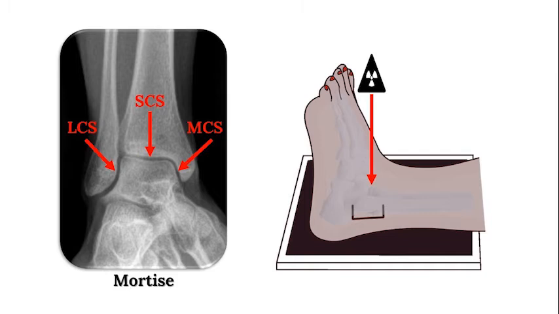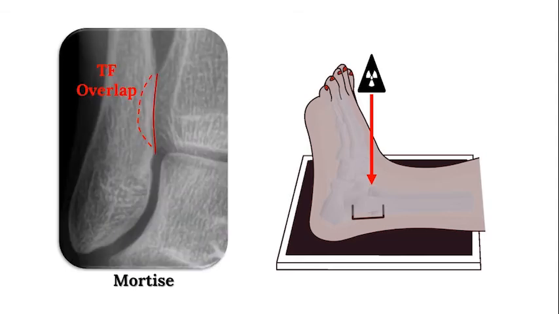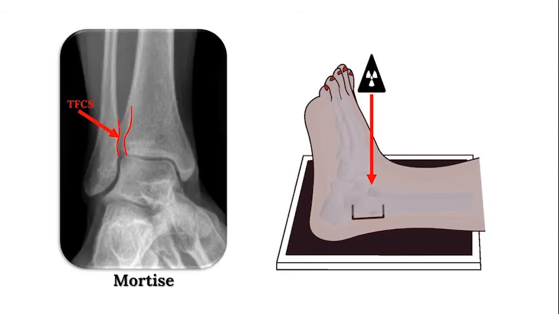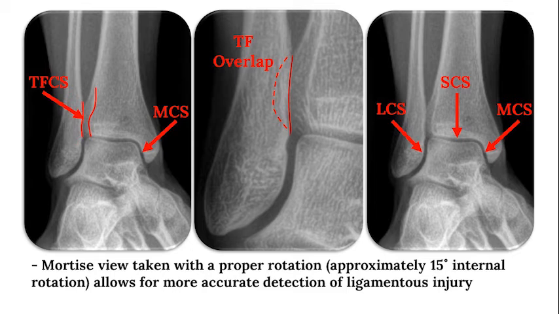Additionally, the mortise view is helpful for assessing syndesmotic alignment and for assessing ligamentous injury by evaluating the medial clear space, tibiofibular overlap, and the tibiofibular clear space. These are three important radiographic parameters that we will discuss later in this video. Over-rotation or insufficient rotation in obtaining the mortise X-ray can make comparison of the clear spaces difficult.